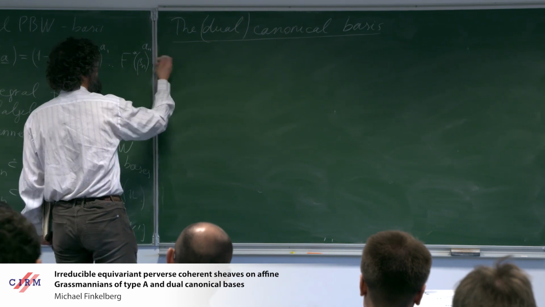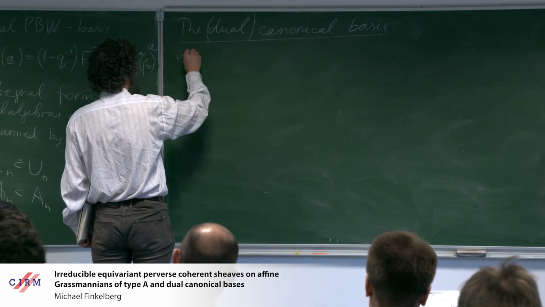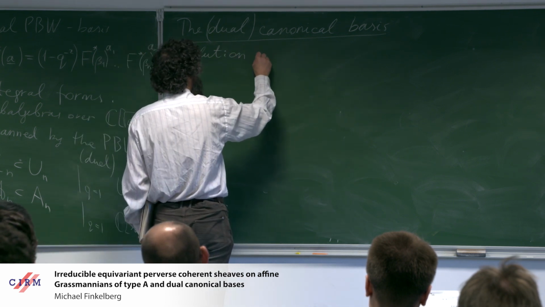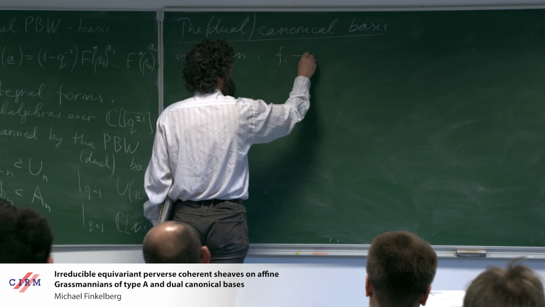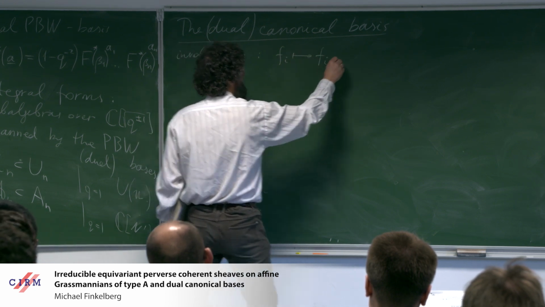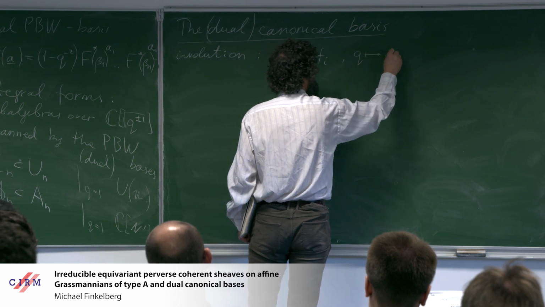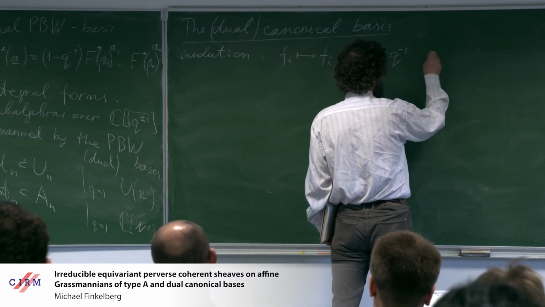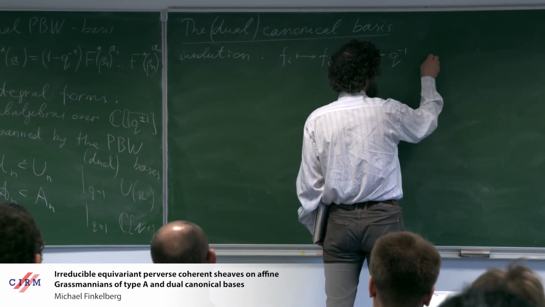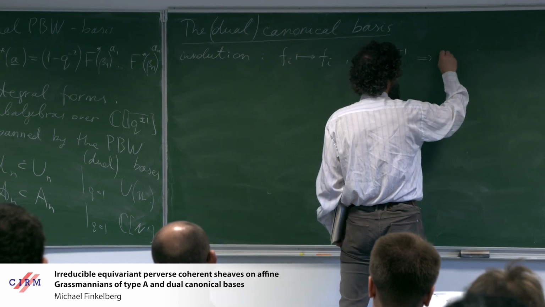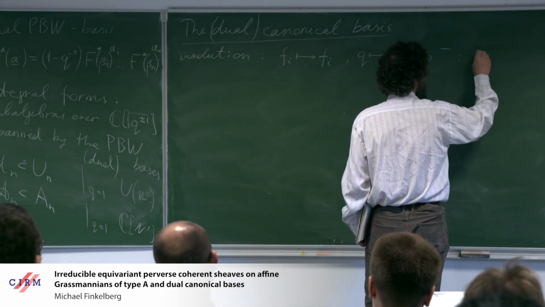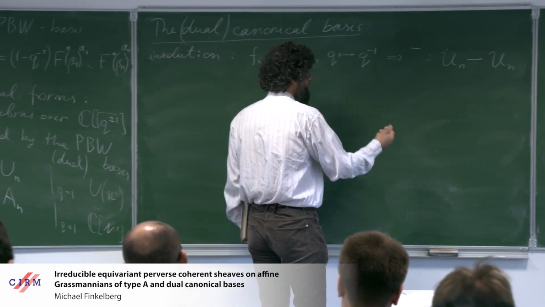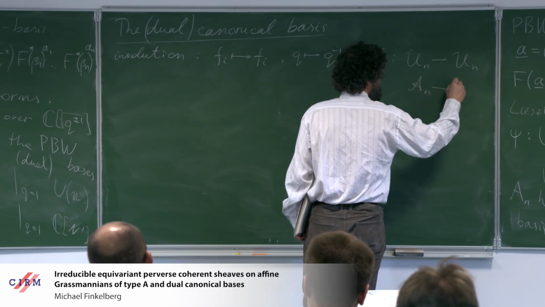I have a very simple involution which takes Fi to Fi and q to q inverse, so there is a bar involution from U_N to U_N, and a dual involution from A_N to A_N.